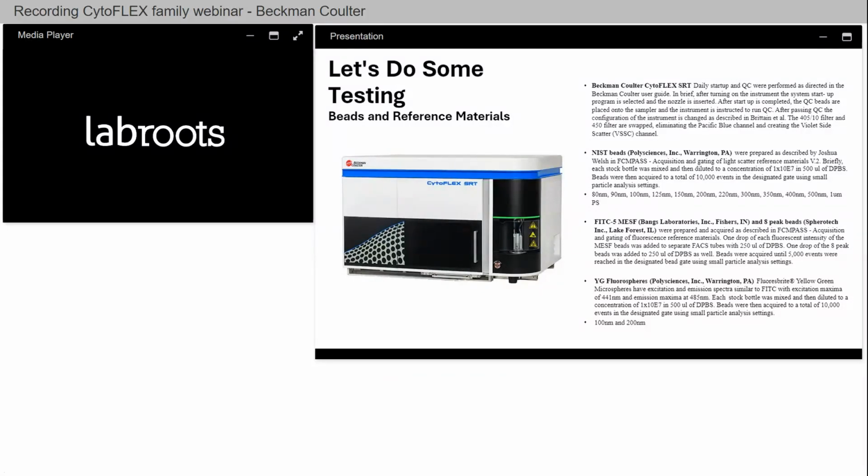Just the easiest one to state is just changing those first two around so that you have a violet side scatter channel at your disposal. We then went into these NIST bead sets and calibrations using also the FITSI MESF beads, and cross-calibrating with 8 peaks, and then we used some yellow-green fluorospheres in order to also get more of an aspect of that fluorescence part, as NIST beads are not labeled.